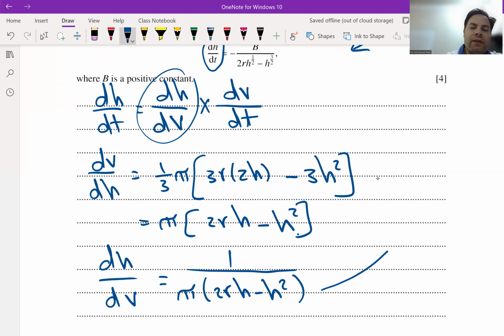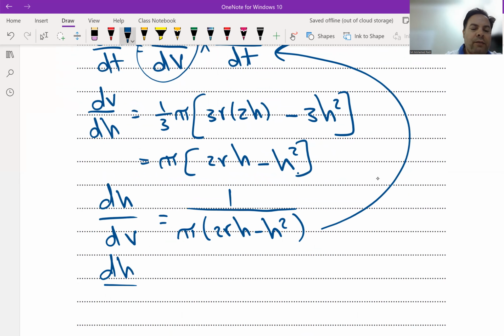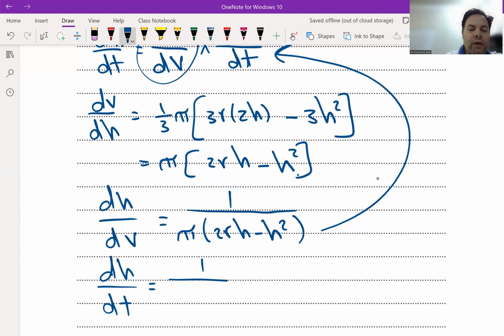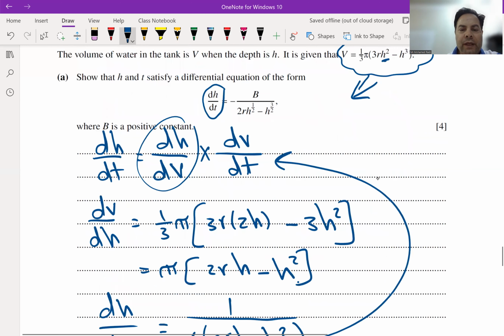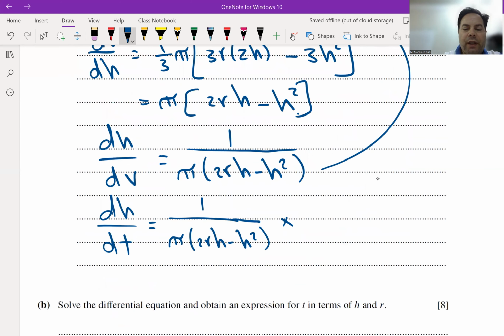Now we substitute in the chain rule equation: dh by dt is dh by dV, 1 over pi into 2rh minus h squared, multiplied by dV by dt, which is negative k root h. But you can write root h as h to the power of half.